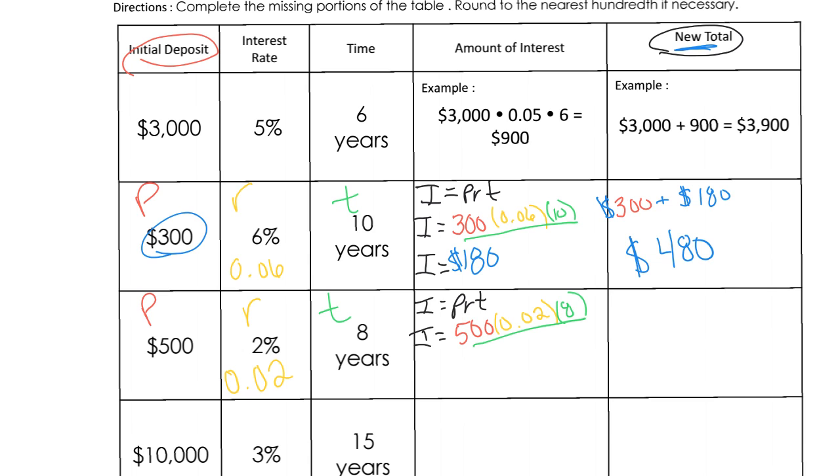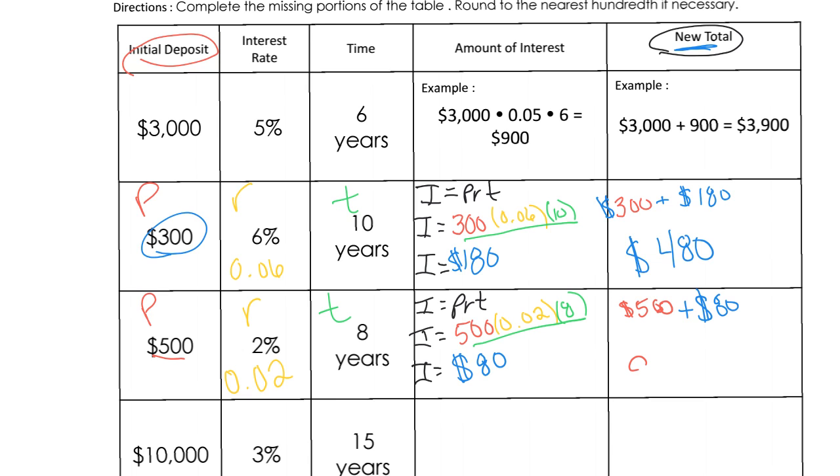So I plug this into my calculator. And when I do that, I get that my interest accrued is $80. So I'm going to take this $80 and add it to my principal balance, which my principal was $500.